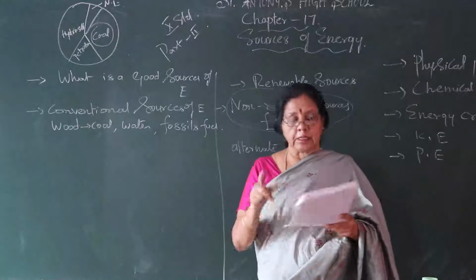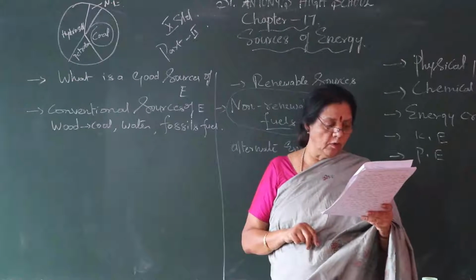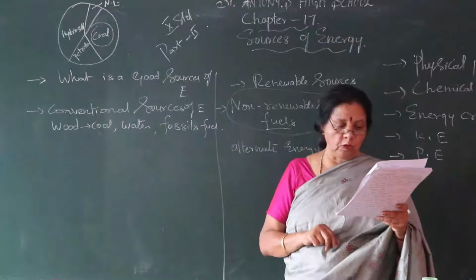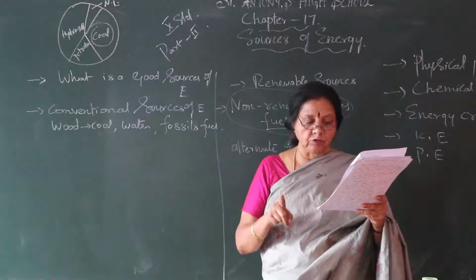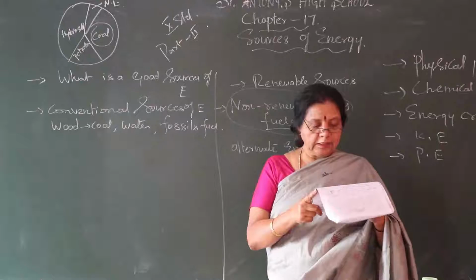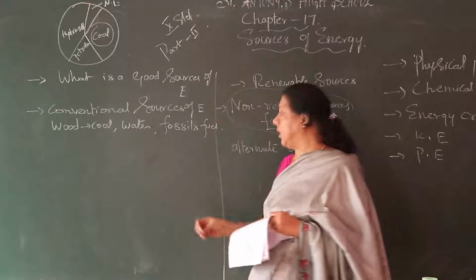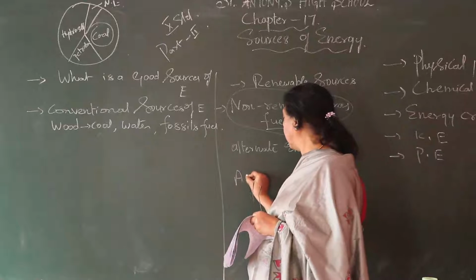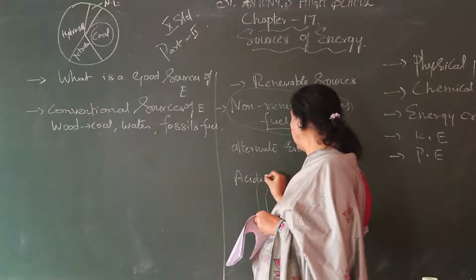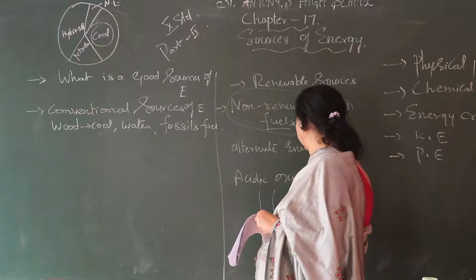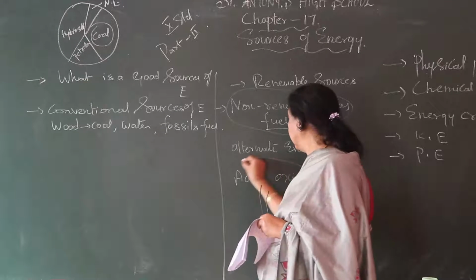They are written in the textbook. Pollution is caused by burning coal and petroleum. Carbon, nitrogen and sulfur are released. These produce acidic oxides. What do they produce? Acidic oxides. Listen to me, children.